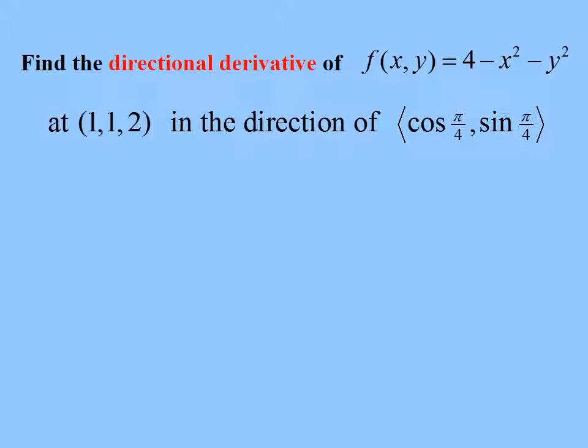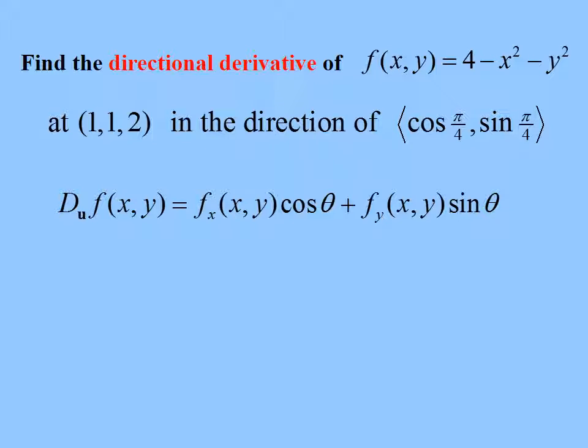So let's try this from our newfound formula instead of from the definition. So we need the partial of x, the partial of y. Now we'll be needing to plug in our values of x and y to get numbers.